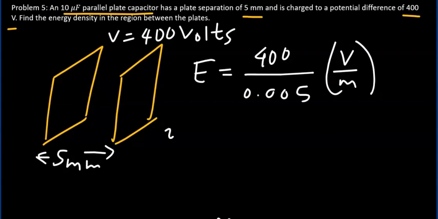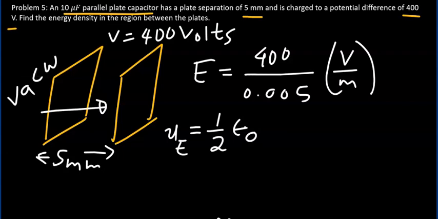Now the energy density that you are interested in can be calculated using the usual formula. Half permittivity of vacuum, so we are assuming the region in between is occupied by vacuum, times the square of the strength of the electric field that we have computed above.